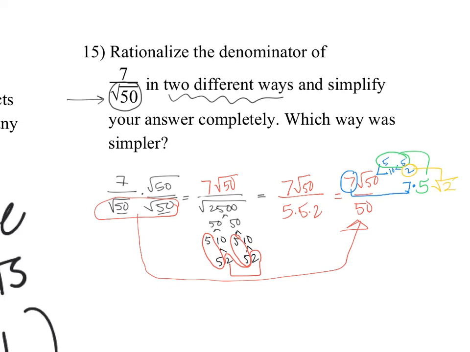So we'll have square root 2, and that's still all over 50. So that's 35 square roots of 2 over 50. But 35 and 50 can reduce because they both have a 5 in common. So that would become 7 radical 2, since 35 divided by 5 is 7, and 50 divided by 5 is 10. So this would be my final answer.